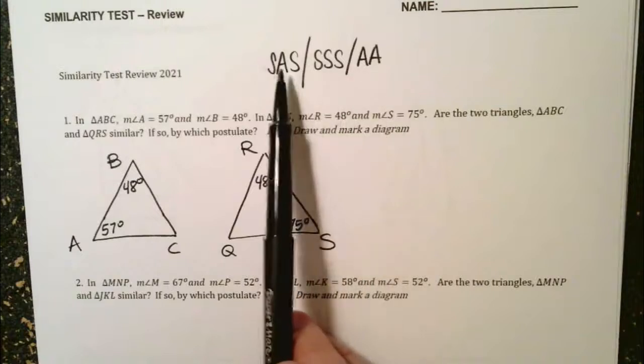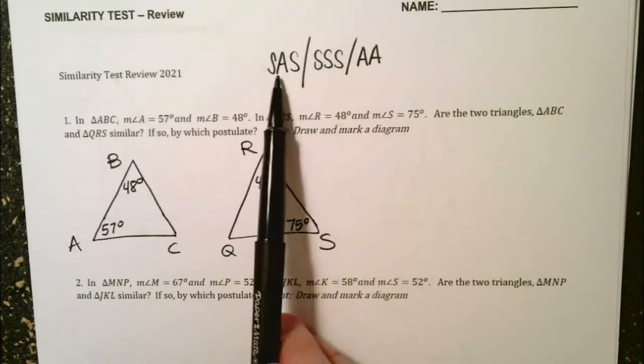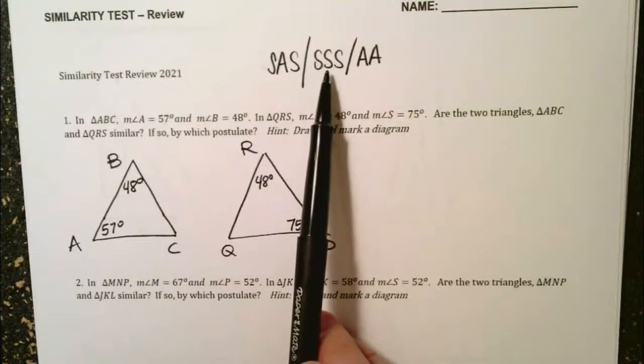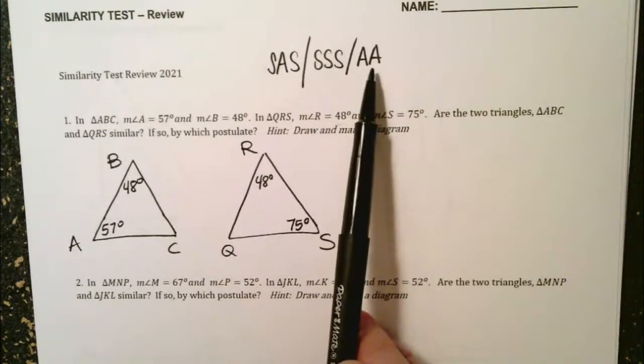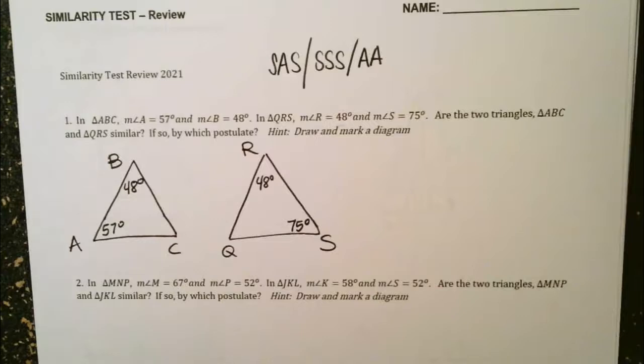So you have to have at least this amount of information or this amount of information or this amount. This is knowing that two pairs of sides are proportional and the pair of angles in between them is congruent. This is knowing all three pairs of sides are proportional, and this is knowing two pairs of angles are congruent. Okay, so remember, angles have to be congruent and sides have to be proportional, not congruent, but proportional.